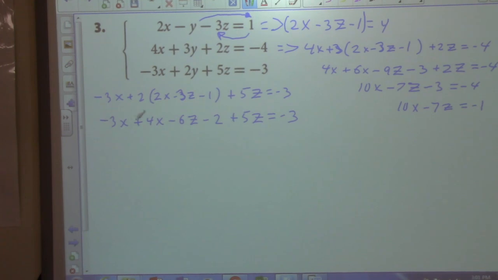And then you add these together, you get x, negative 3x plus 4x. And then you have negative 6z plus 5z, so that's going to be minus z. And then you have minus 2 equals negative 3. And then you add 2, you get x minus z is equal to negative 3 plus 2, or negative 1.